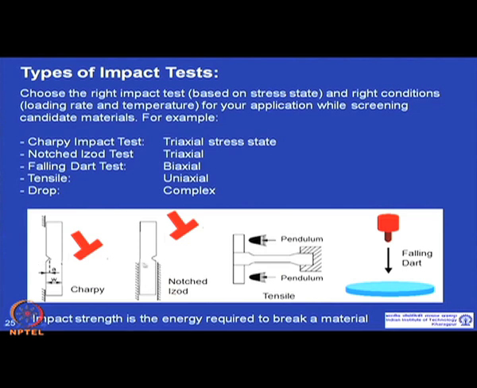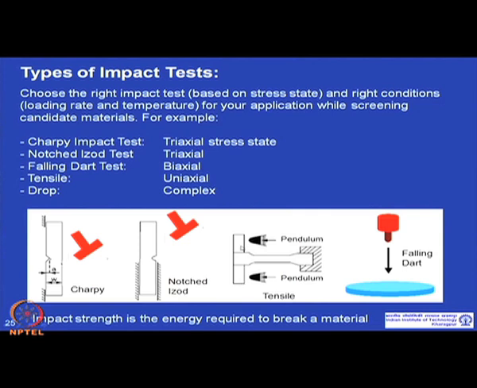In the case of the notched Izod test, you clamp the specimen up to the notch, on both sides, and hammer on the top part. The specimen breaks from the notch, and the amount of energy required to break it is the notched Izod impact energy. Sometimes this test is done without the notch, which we call unnotched Izod impact testing.